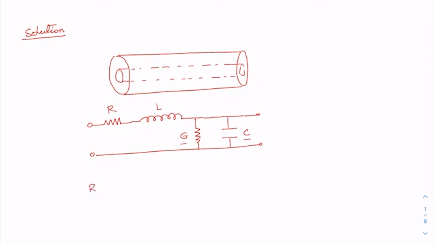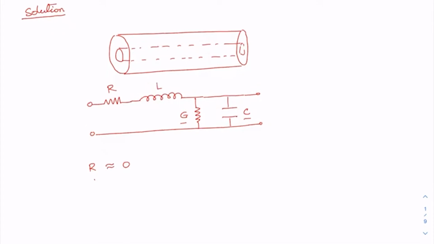In general, R is considered to be very small. So in a superconducting circuit we consider the transmission line to be nearly lossless, therefore R is 0, and the conductance is taken to be very large, so Z tends to infinity.